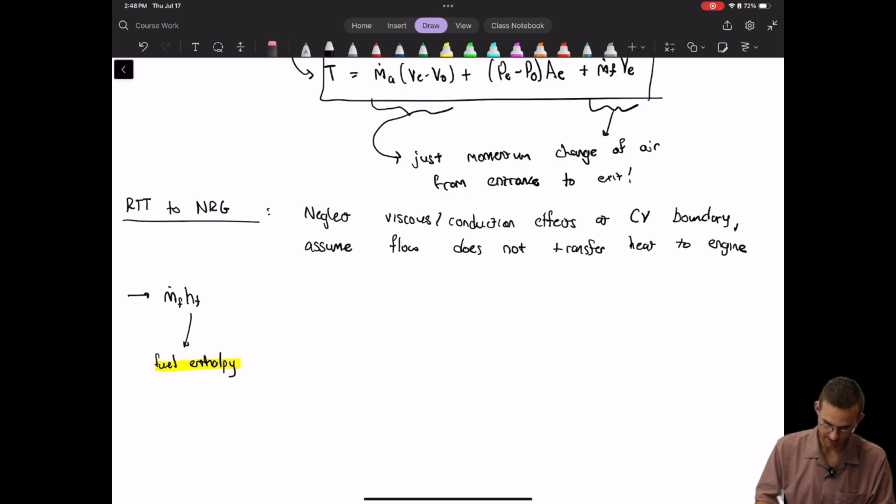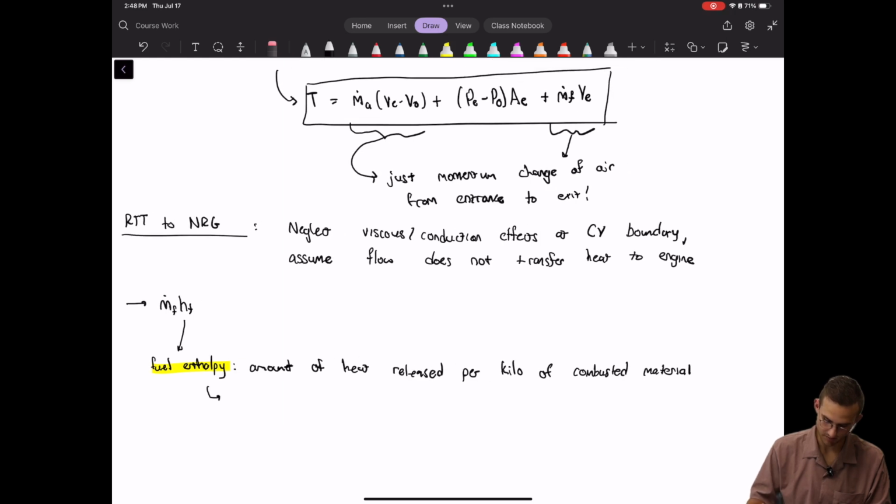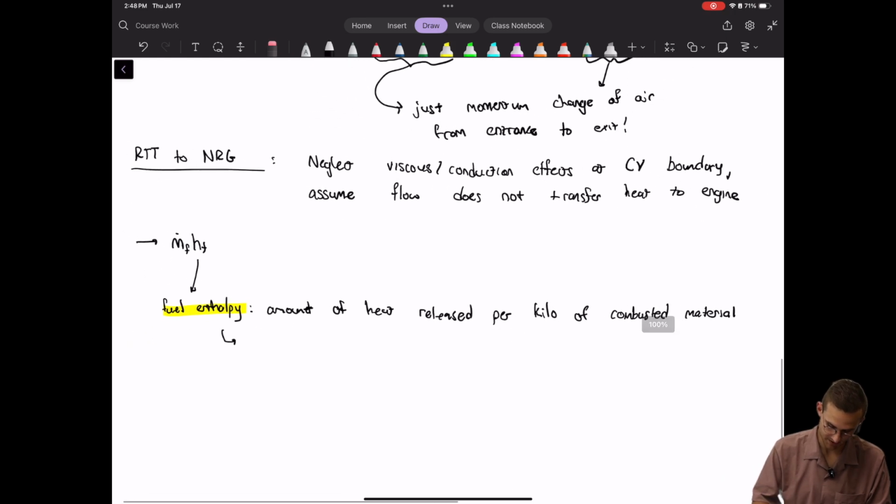So it's the amount of heat released per unit mass, in this case kilogram, of combusted material, and sort of tells you what the latent energy content per mass of a certain fuel type is.